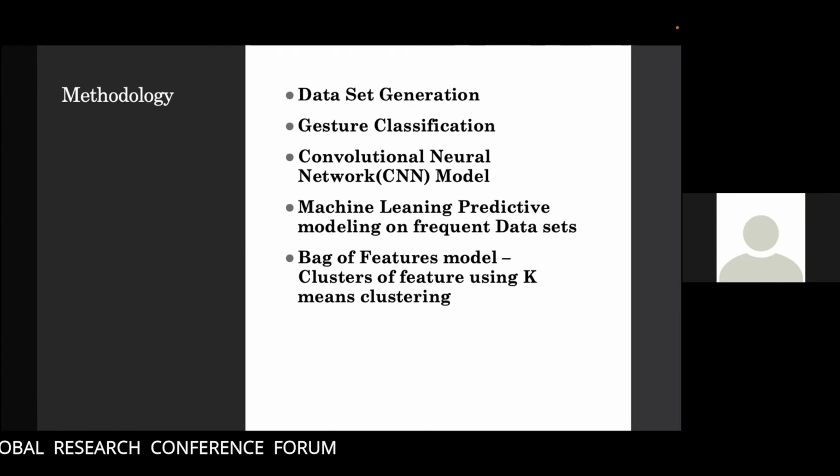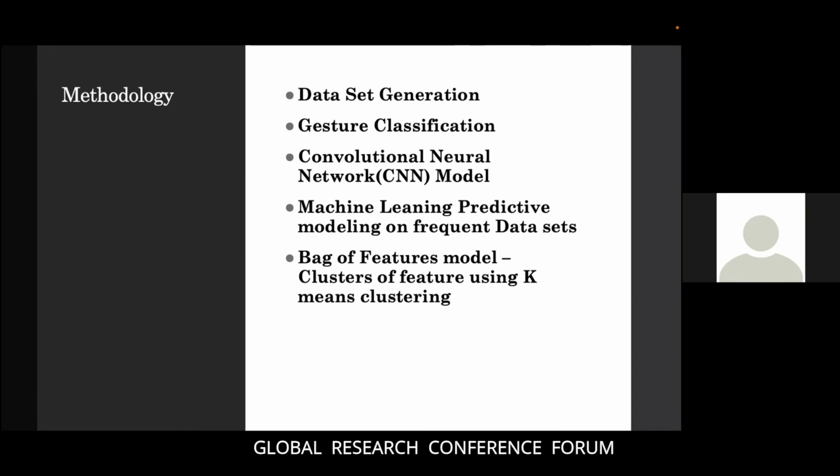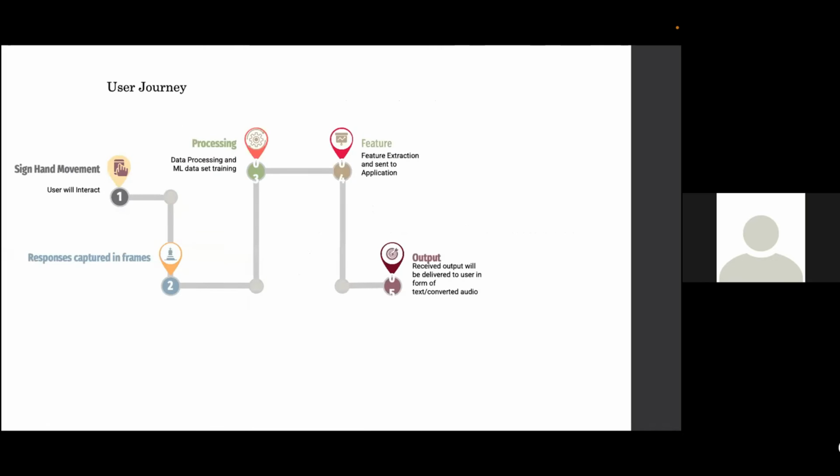This is also used for the generation of the sign, extracting the features from the images or the frames that we have. Now the user journey, which is from the user perspective. We basically aim for this software to be available on the mobile device, and they will just interact with us with their hand movements.